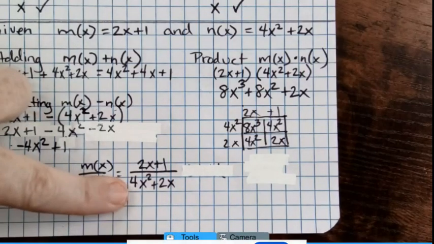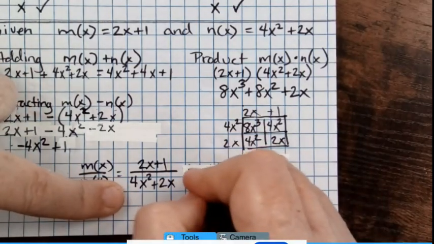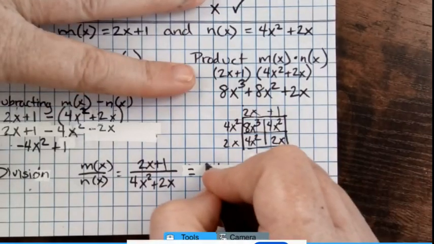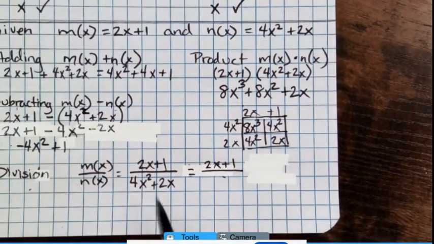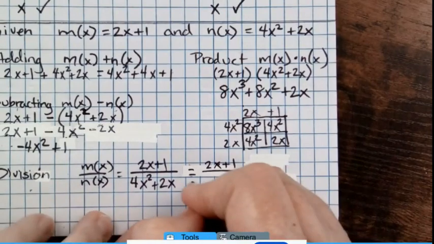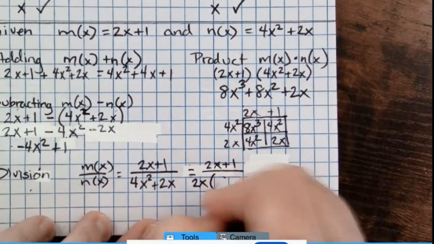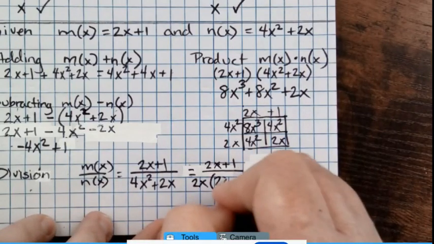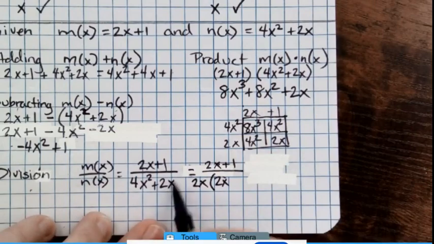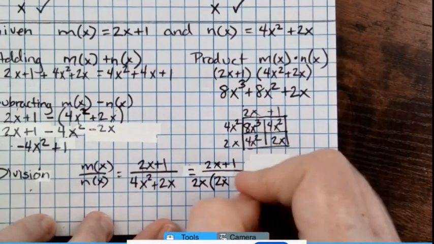So since we have an x squared in the denominator, I'm going to go ahead and factor that. So the top is 2x plus 1 over the bottom. I have a GCF of 2x, so I'm going to take out a 2x. And if I take out a 2x from 4x squared, I'm left with 2x. If I take out a 2x from 2x, I'm left with a plus 1.